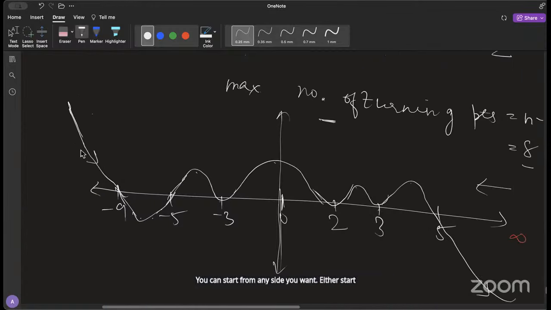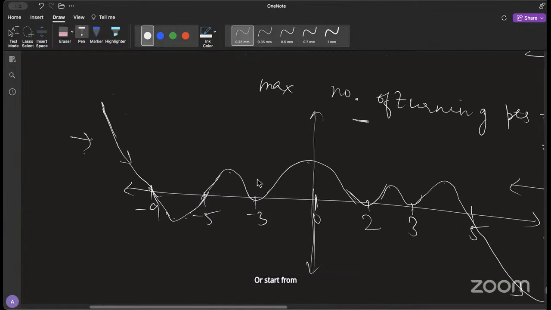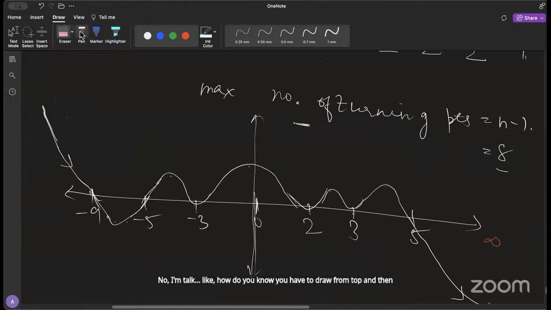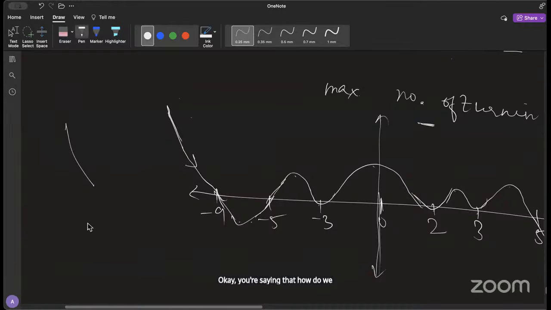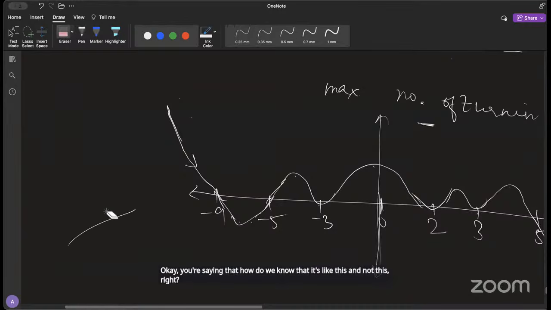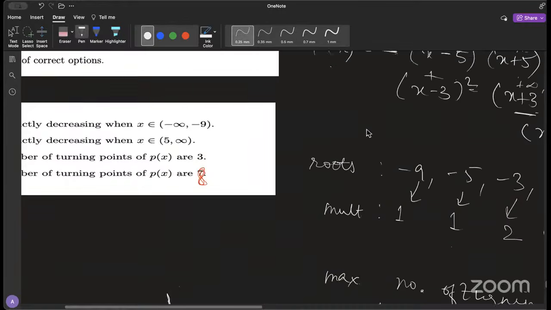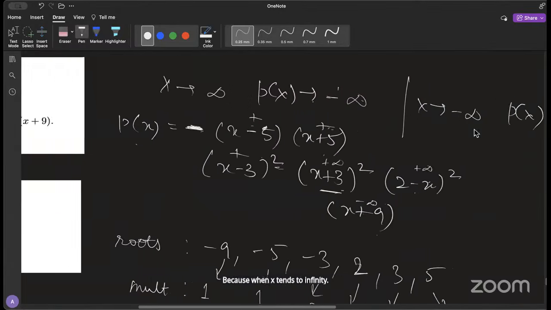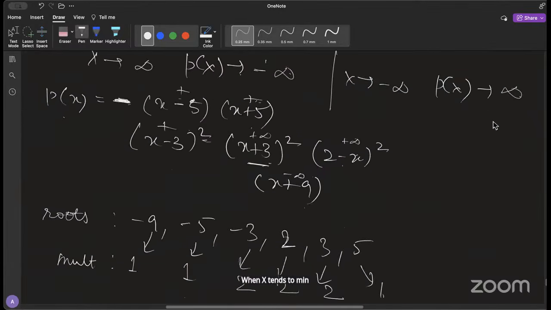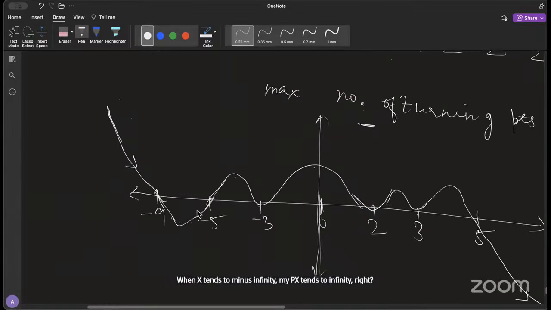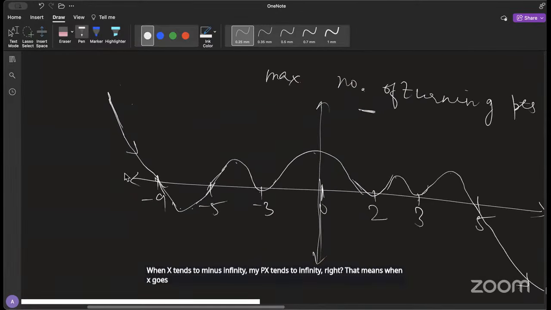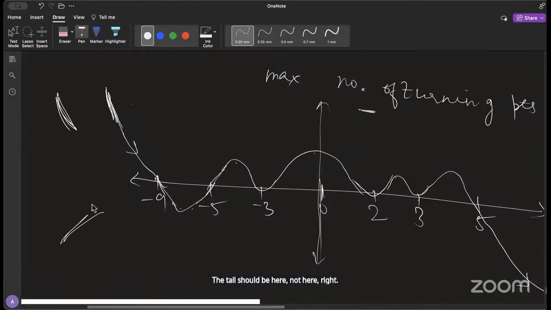No, how do you know you have to draw from the top and then to the bottom? You're asking how do we know it's like this and not this, right? Because when x tends to minus infinity, p(x) tends to plus infinity. That means the tail should be here, not here. Okay, understood.